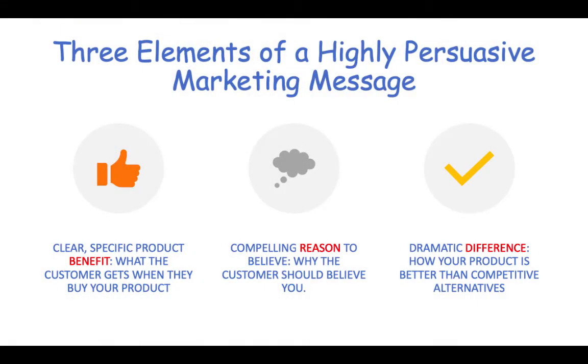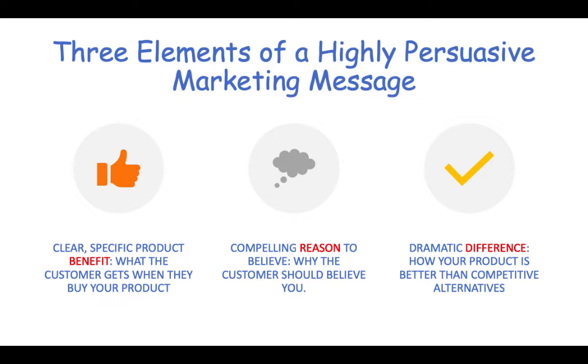The 3 elements that you are evaluated on in the marketing message are how strong is your clear, specific product benefit, namely what do customers get when they buy your product? Your compelling reason to believe that you can actually do what you just said you're going to do. Wouldn't that be nice? And why your product is different and therefore better than other competitive alternatives.